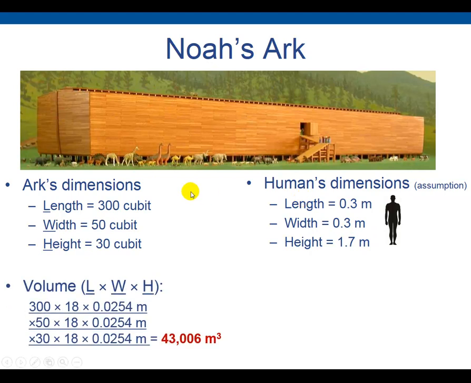We can just simply multiply length times width times height, right? So here you can see 300 times 18, which is in inches, and we also multiply again by 0.0254, which is converted to meters ultimately. So these are lengths, these are widths, these are heights. So we have 43,000 cubic meters. This is the volume of Noah's Ark.